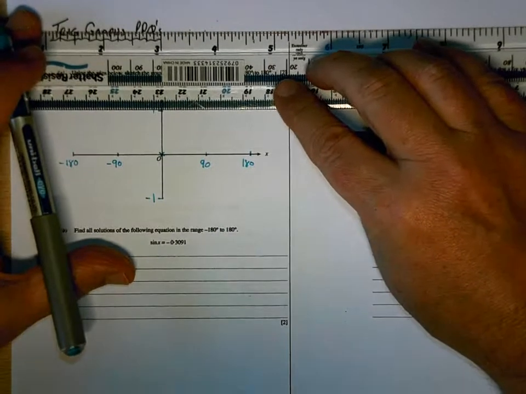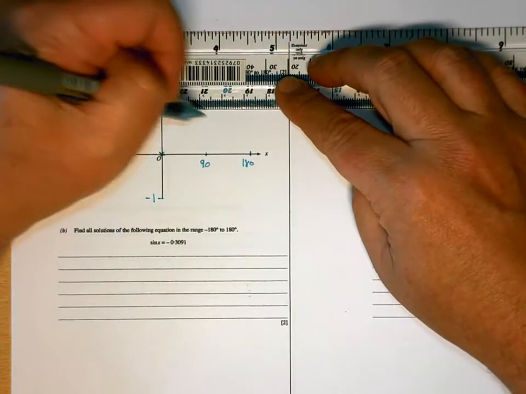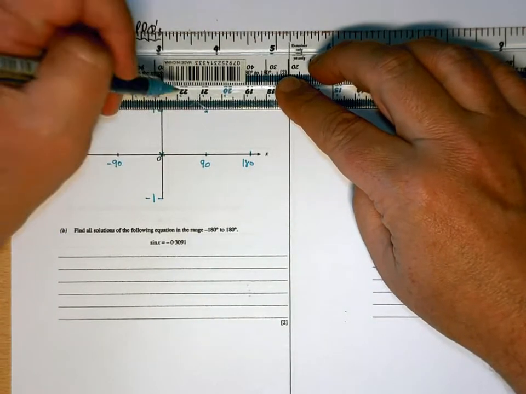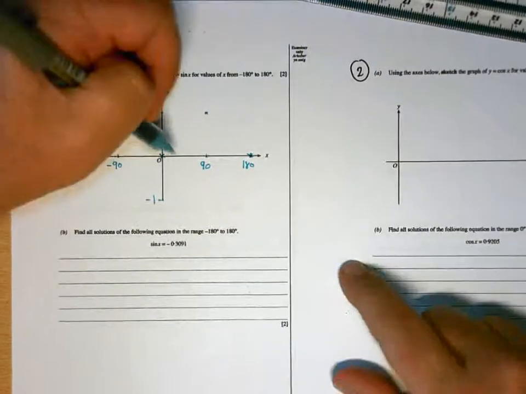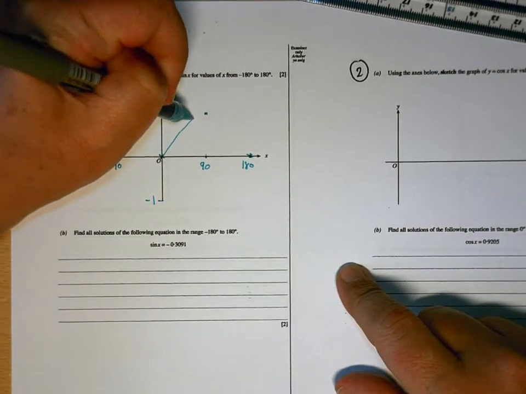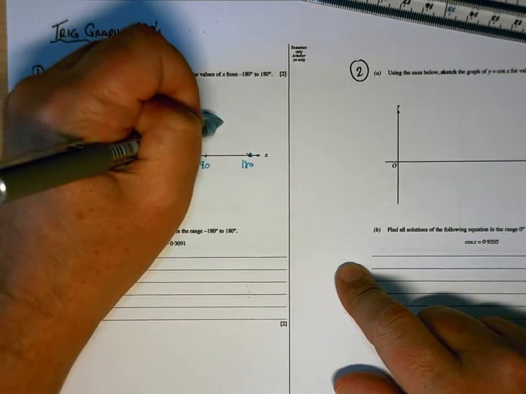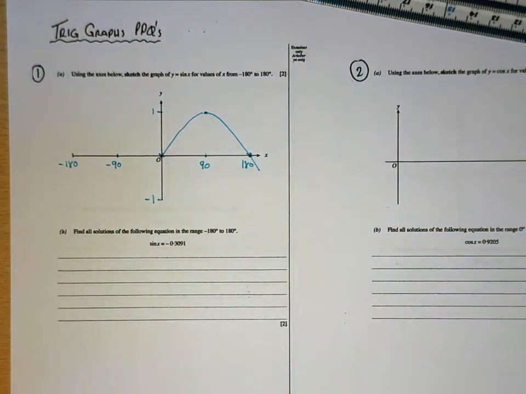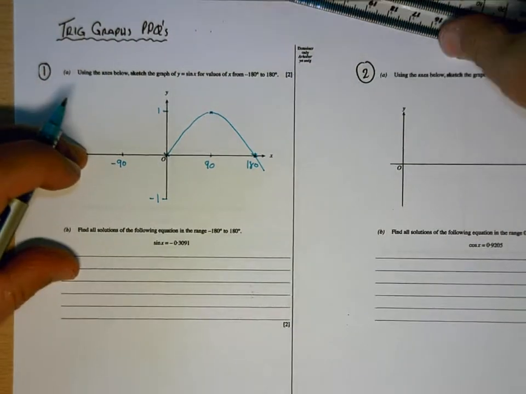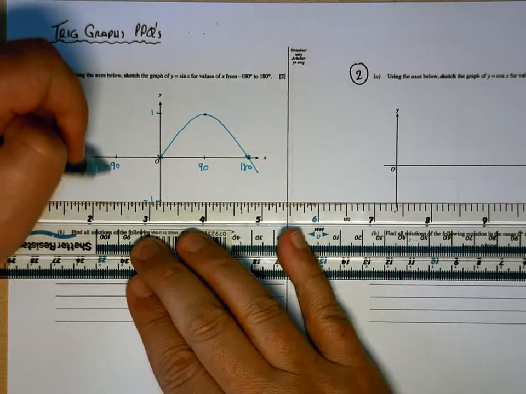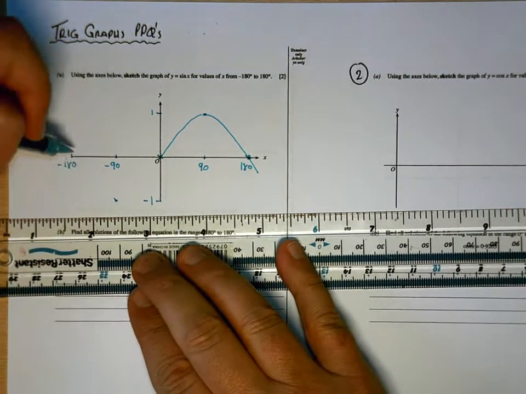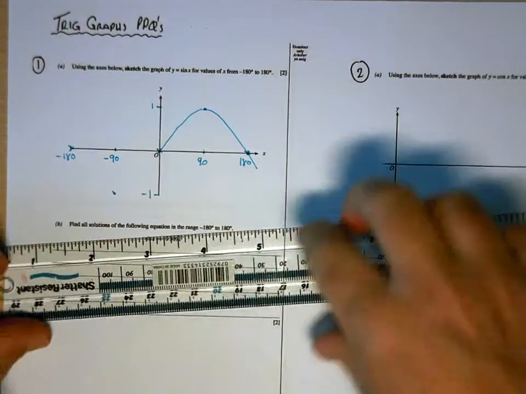Now 90 is up there, so again I want to try and make the sketch as accurate as possible. So this side of the curve is going to do that. And then on this side of the curve, to complete that cycle, it's going to drop down to -1 there and then back there.